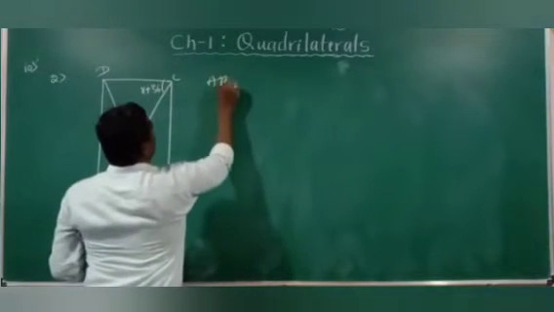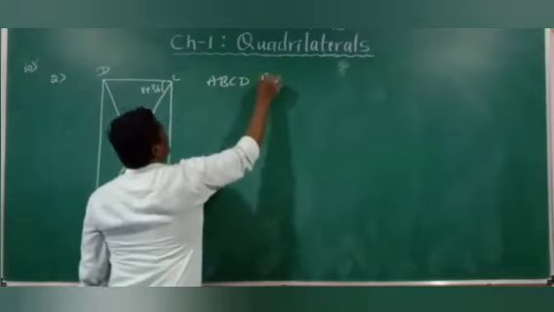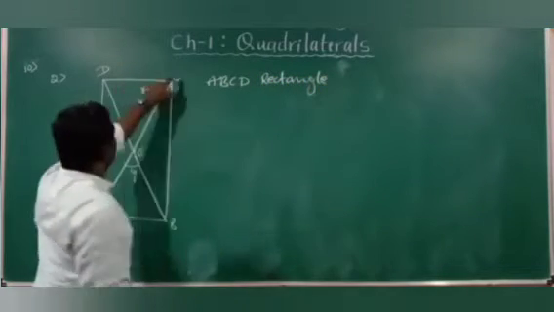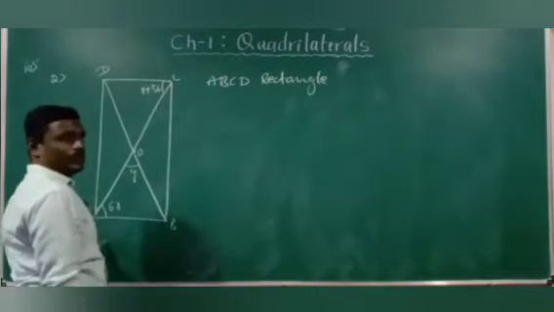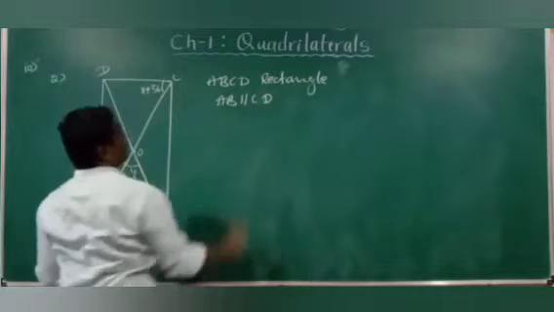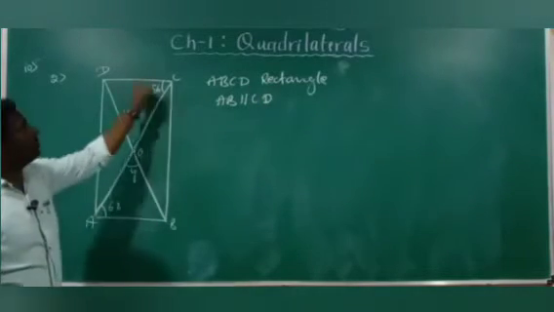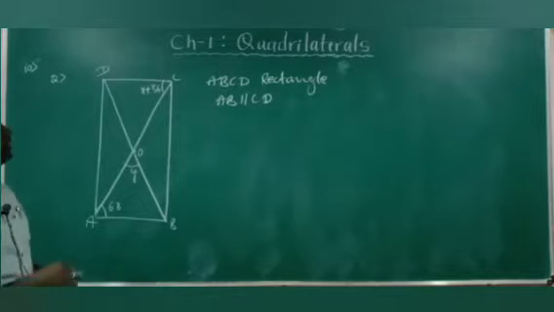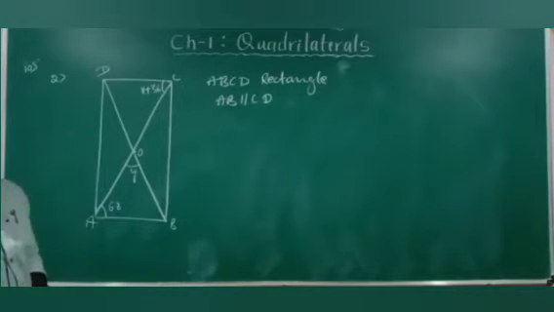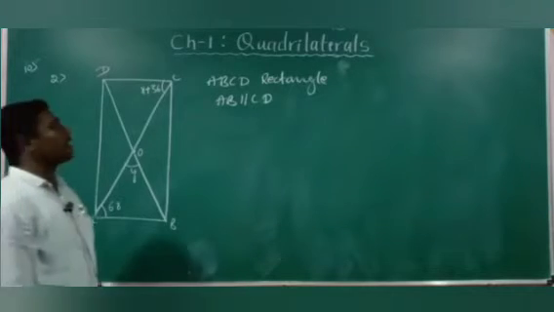Here ABCD is a rectangle. In that, CD is parallel to AB, or AB is parallel to CD. Okay, AB is parallel to CD, right? If AB is parallel to CD, then the alternate angles formed between the parallel lines are always equal.